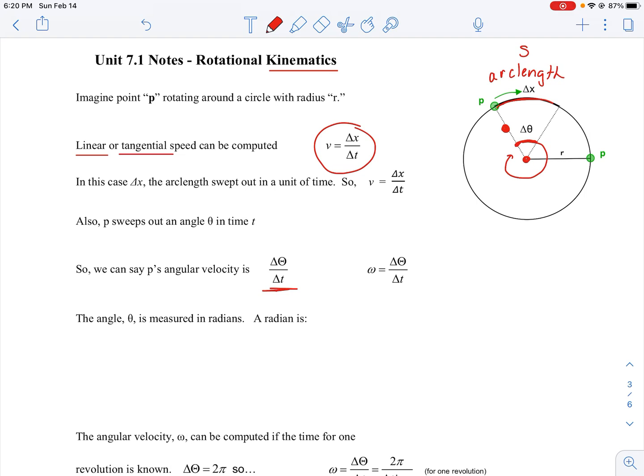So angular velocity is the change in this central angle over the change in time. The symbol for angular velocity, this little squiggly w, is a Greek lowercase omega, but we'll just say omega. Omega stands for angular velocity, and it's measured in radians per second.